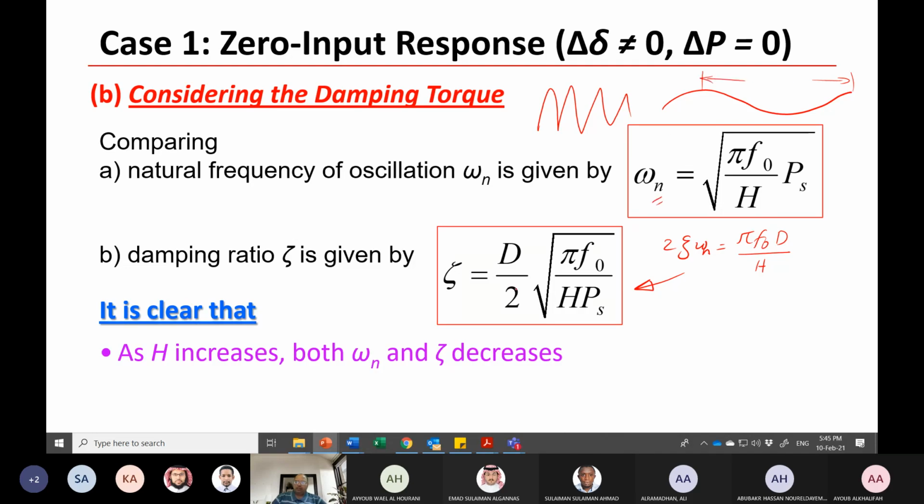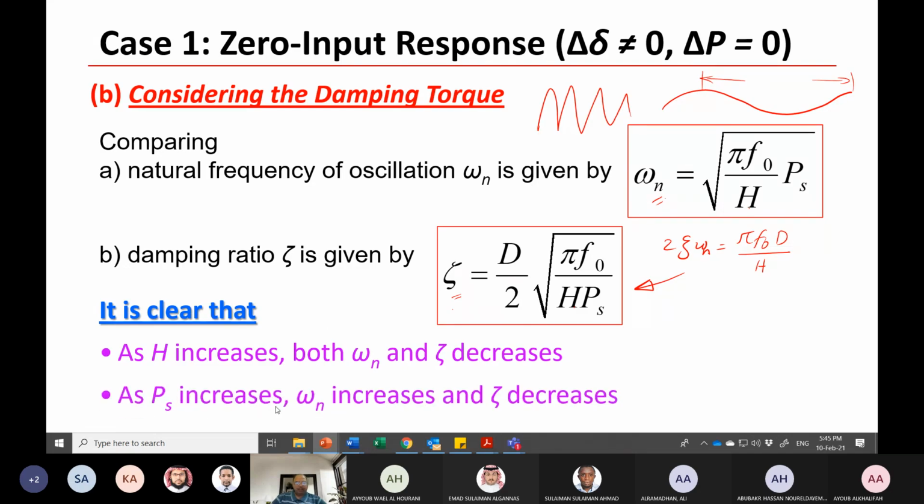This is one. Second, the damping is very low also. If it is a heavy machine, it's very difficult to damp it. Once it starts oscillating, it's very difficult to damp it, and it's very heavy. As you can see from these mathematical expressions, if H increases, both omega n and zeta will decrease.